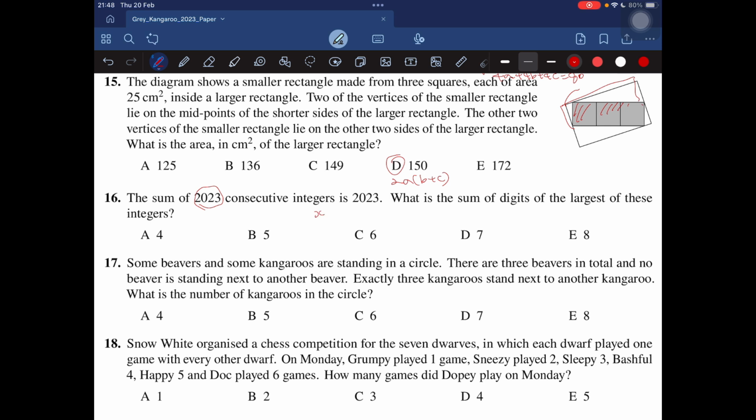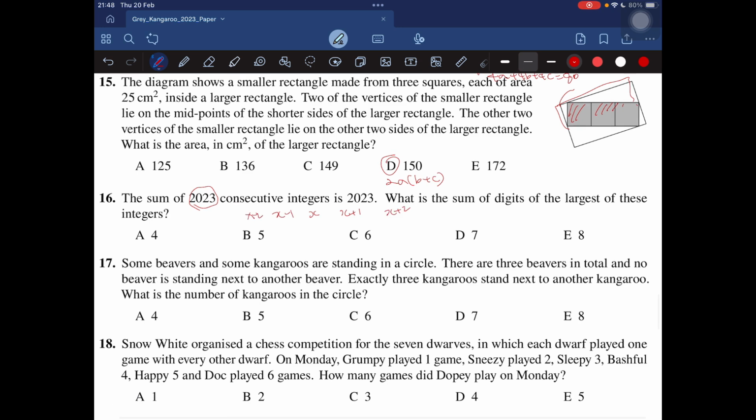Then x plus 1, x minus 1, x plus 2, x minus 2, and so on. Altogether it should be 2023, so 2022 other than x, so we have another 1011. So x plus 1011, x minus 1011.